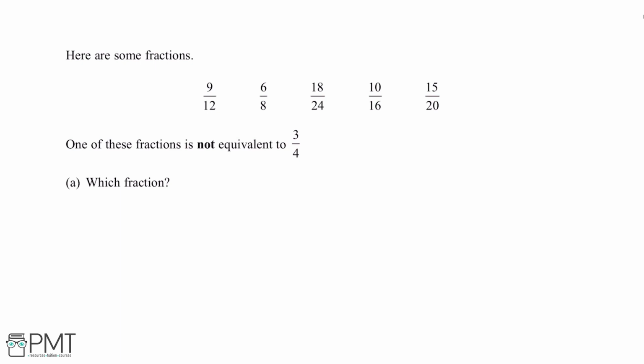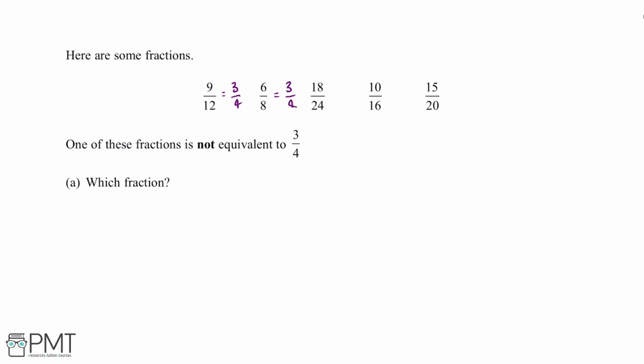So if we start off with 9/12, if we divide both the numerator and the denominator by 3, this gives us an answer of 3/4. So therefore 9/12 is equivalent to 3/4. Next, 6/8. If we divide both the numerator and the denominator by 2, this also gives us an answer of 3/4.